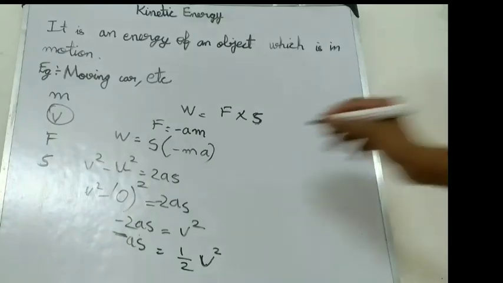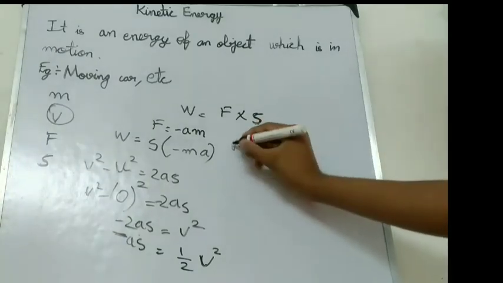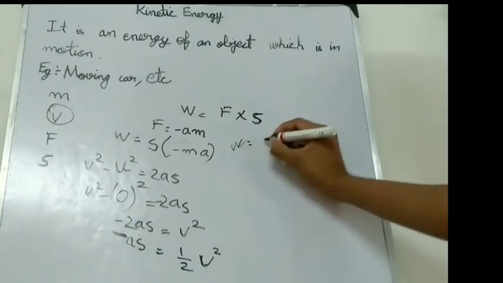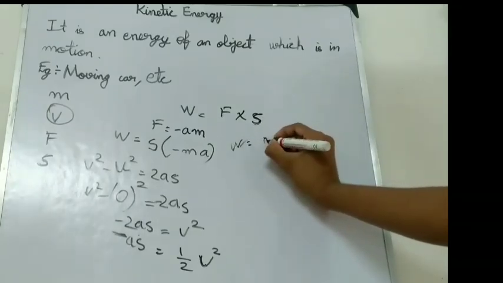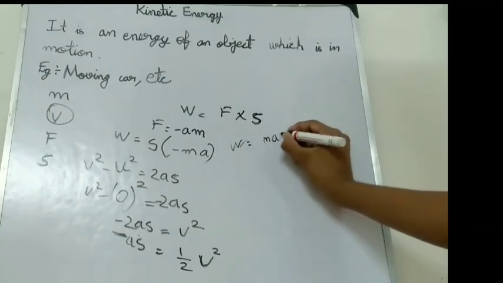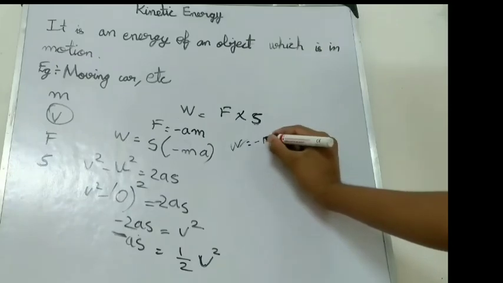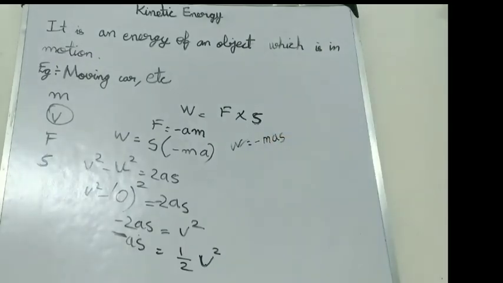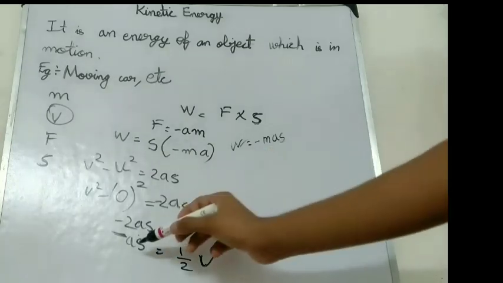We can keep work done as minus mas. Work done is minus mas. Now if you substitute it, we get the minus as value.